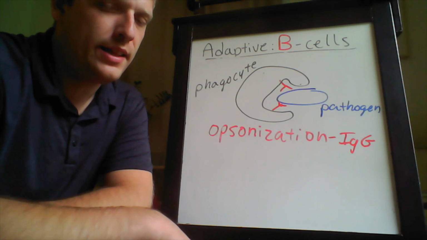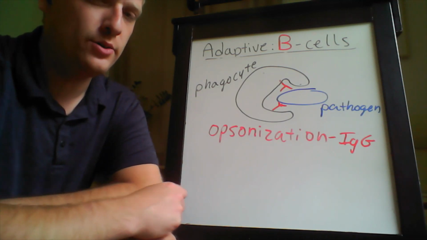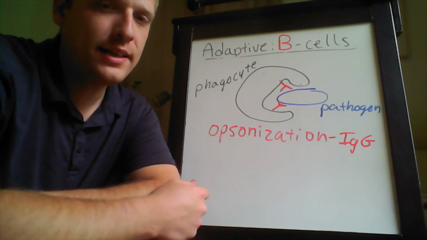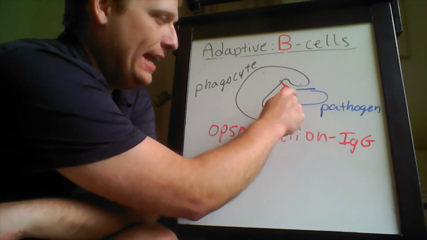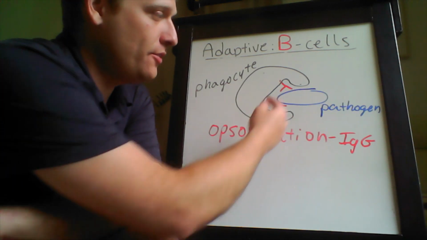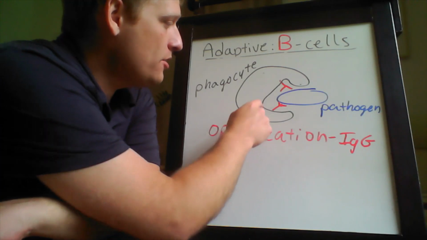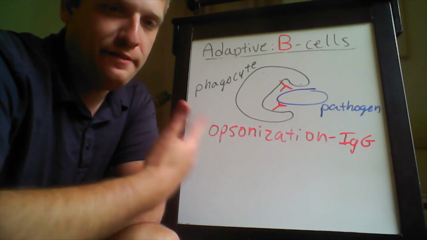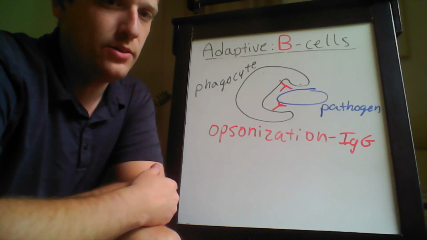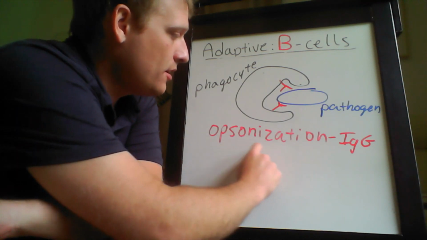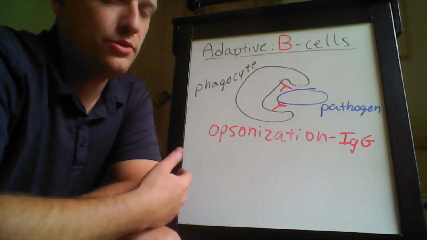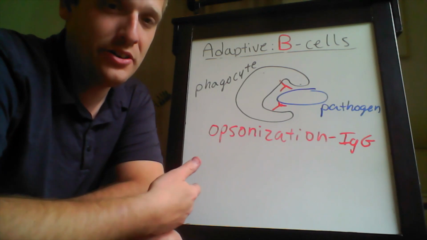One specific way that antibodies can increase phagocytosis is by directly interacting with both the antigen, say on the surface of a pathogen, and also interacting with the phagocyte that's doing the phagocytosis. And this process is called opsonization, which just refers to making it easier to eat.